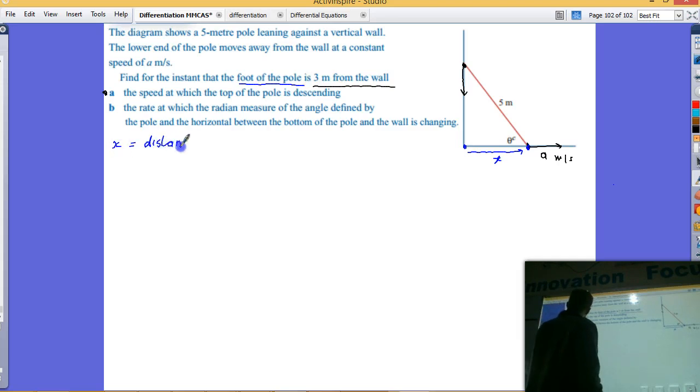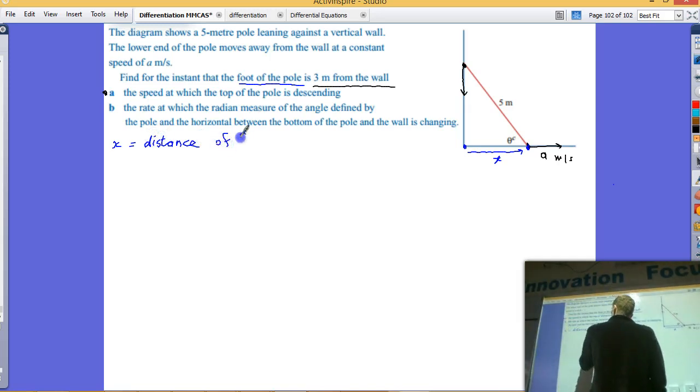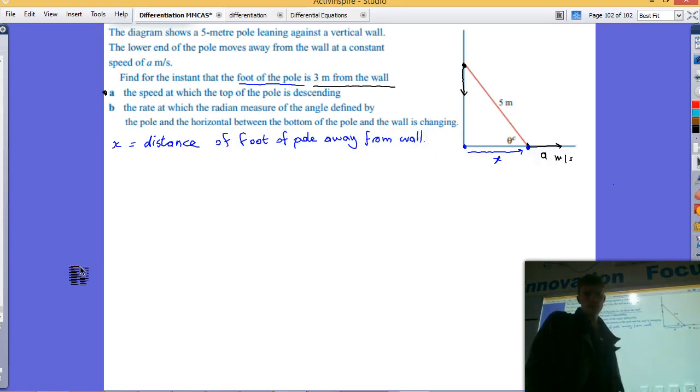So it's good to label that down. x is distance of foot of pole away from wall. All right. Now, so we've got one unknown quantity labeled, and we called it x.